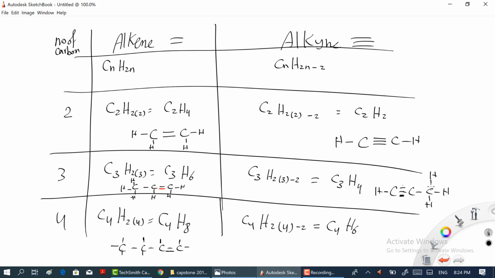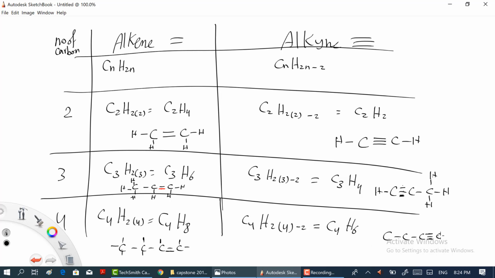Count the number of hydrogens, 1, 2, 3, 4. For this atom, surrounded by 4 bonds, 1, 2, 3, and 4. This atom needs 3, so it only needs 1 hydrogen. This atom does not need any hydrogen. This atom needs 2 hydrogens, and this atom needs 3 hydrogens.